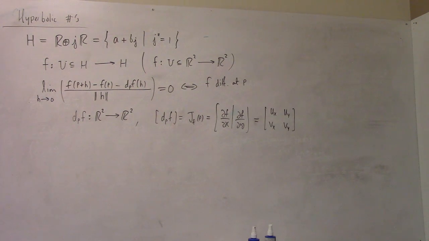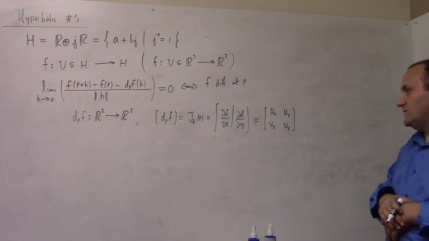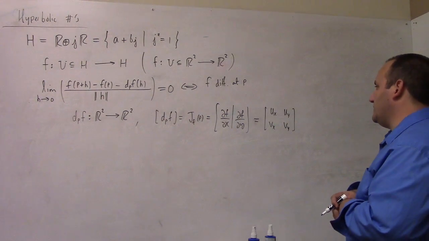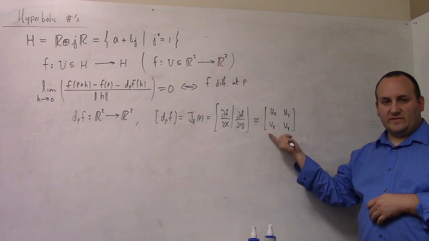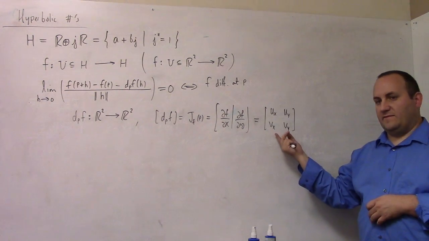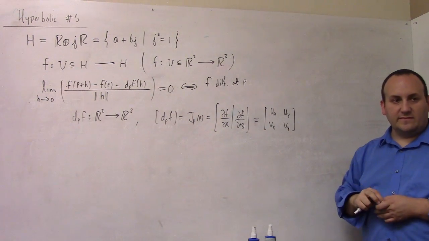To say f is differentiable at a point means the Frechet quotient goes to 0, which is to say the differential exists and is linear. Conversely, if the partial derivatives exist and are continuous, then the function is differentiable.